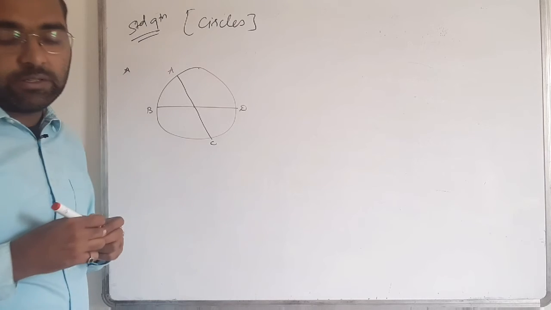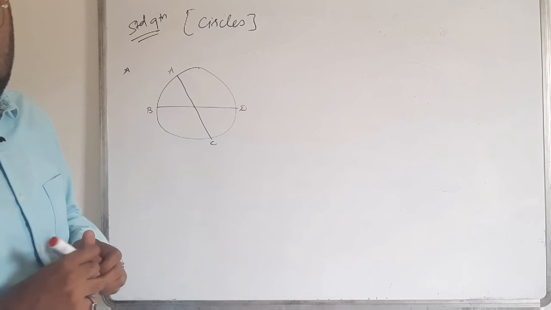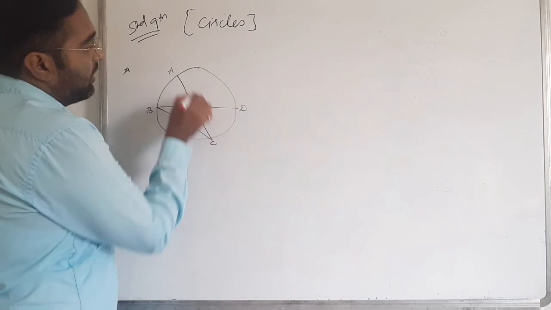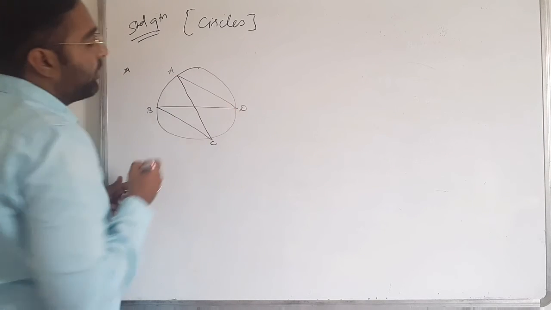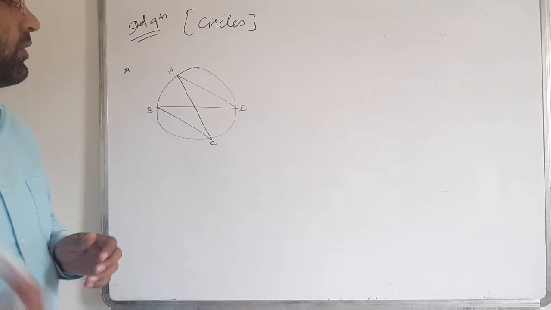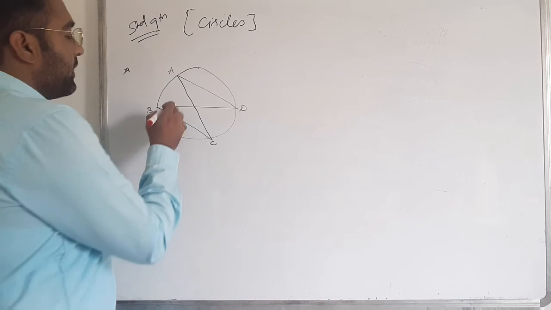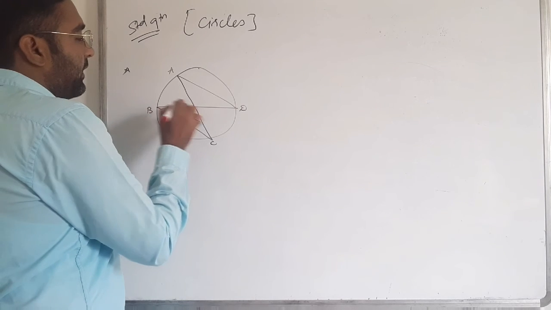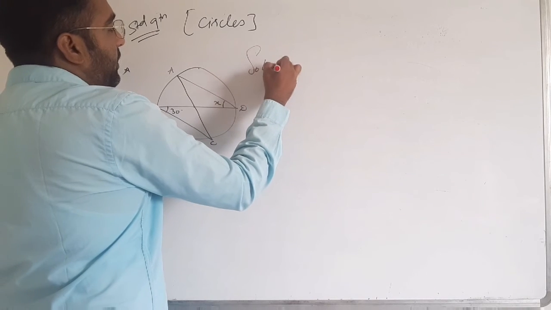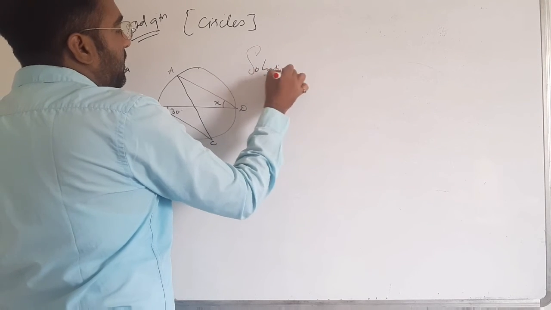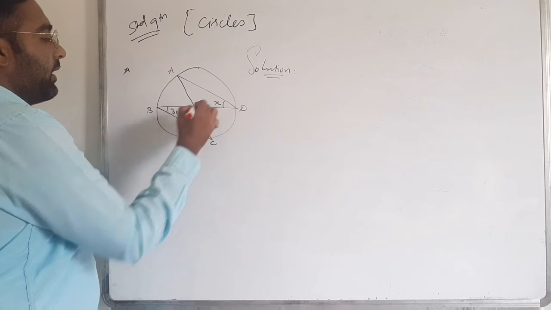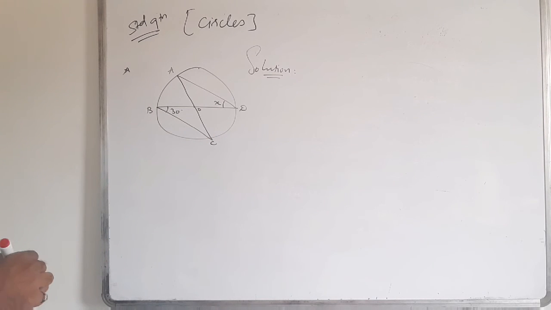Here BC and AD are chords drawn. Here 30 degrees is given, and angle x is given here. We need to find the value of x. Clear that?